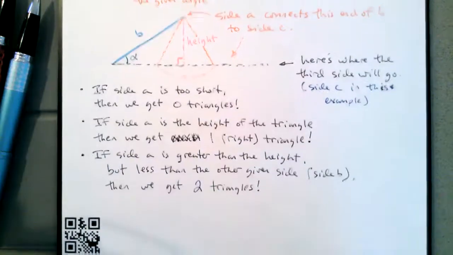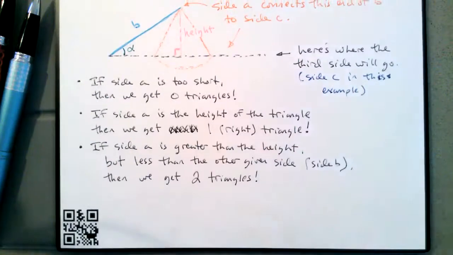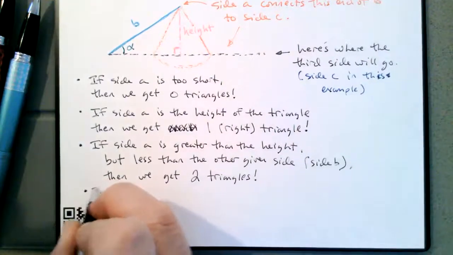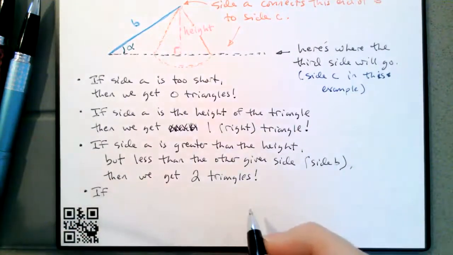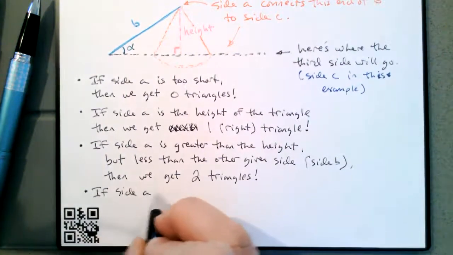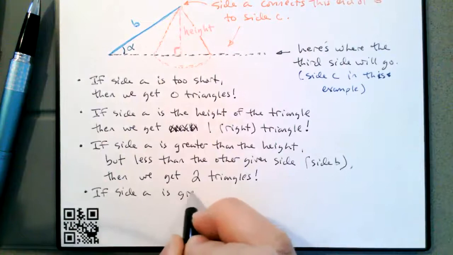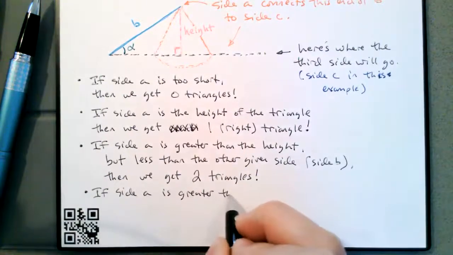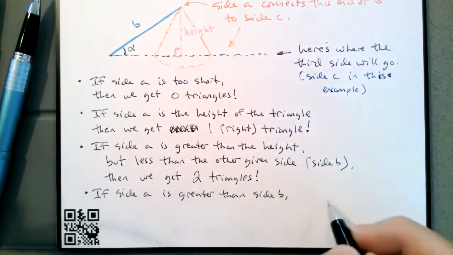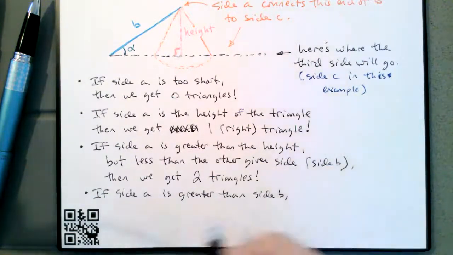So how do we summarize that? If side A is greater than side B, then we get one triangle again. I just realized I mixed up side A and the other given side, but it's okay.